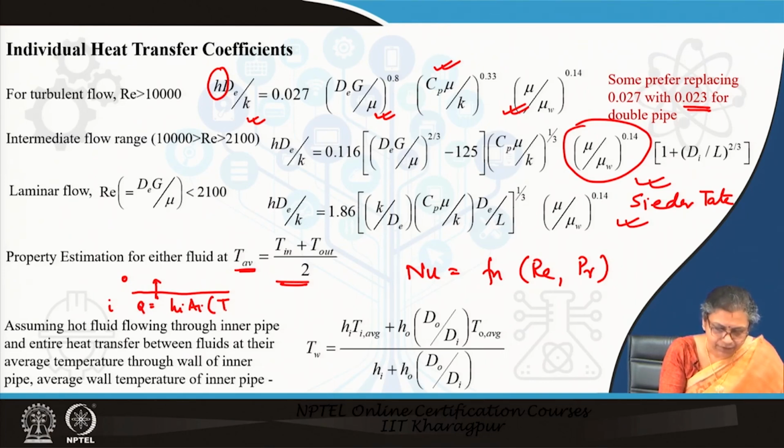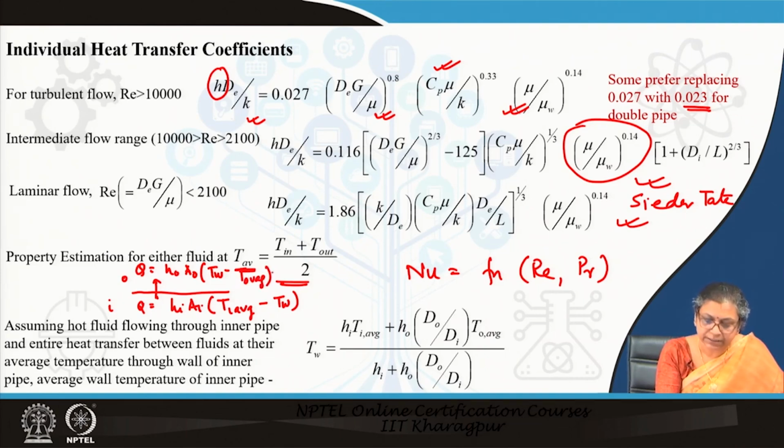So, the average temperature here is Ti average minus T wall, right. The heat is going from here to here. So, in this particular case Q equals HO AO times TW minus TO average. TO average will definitely be given by TO in plus TO out by 2, TI average will be given by TI in plus TI out by 2, right. Now, whatever heat is given out by the hotter fluid will be taken up by the cooler fluid.